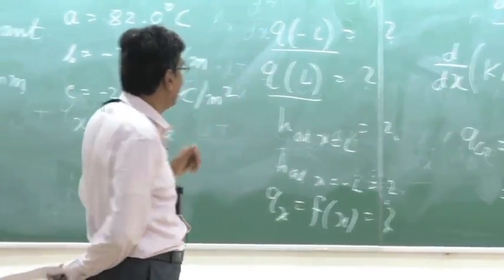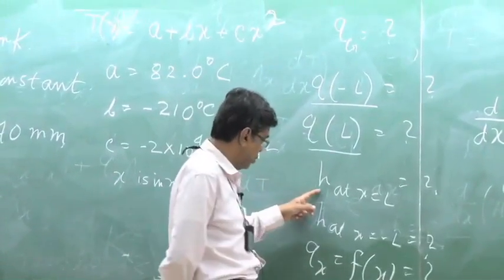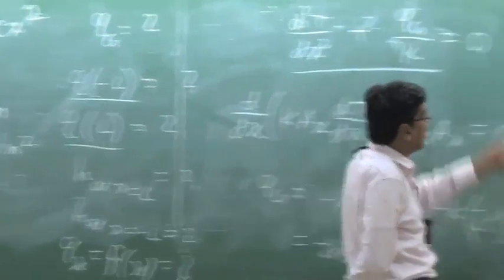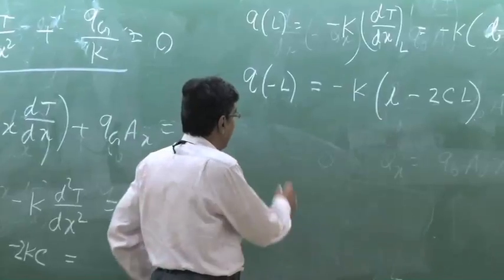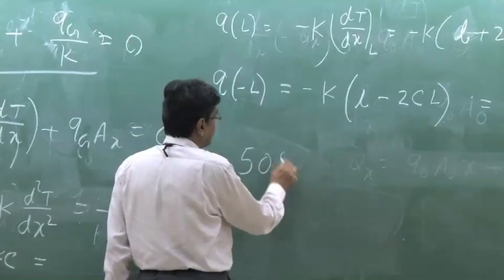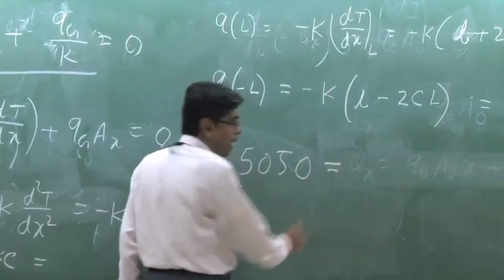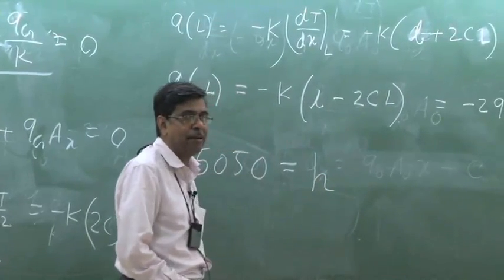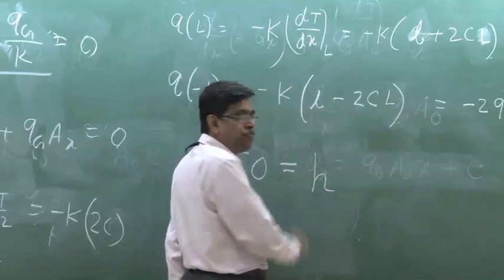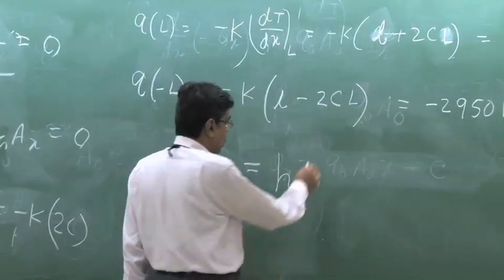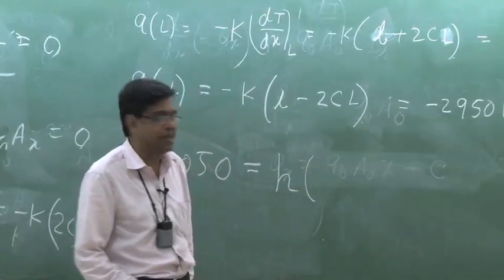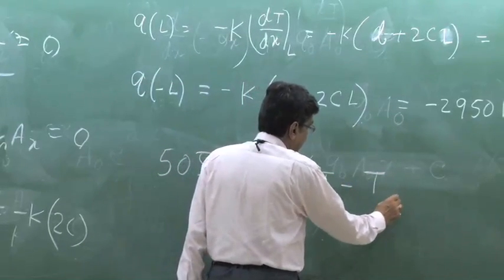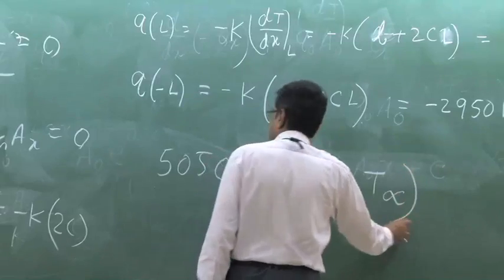Now how to find out h? Next is how to find out h at x equal to L and h at x equal to minus L. Here, what you do, you take at L. This heat has to be transferred by convection, and by definition of heat transfer coefficient, the convection heat transfer can be written as per unit area heat transfer coefficient into the difference of temperature, that means surface temperature minus the air temperature, which we call the free stream temperature.